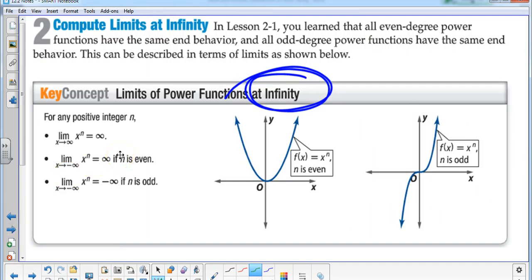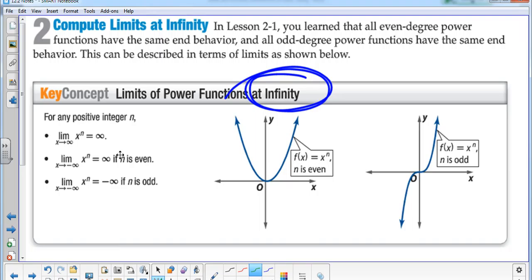Now, we are totally shifting gears here. We're not looking at a particular value for the rest of this lesson, at least this part of the lesson. We're looking at the far left and far right end behaviors. Do you remember the end behavior ideas we discussed before?